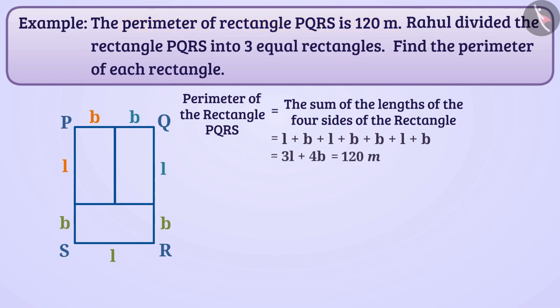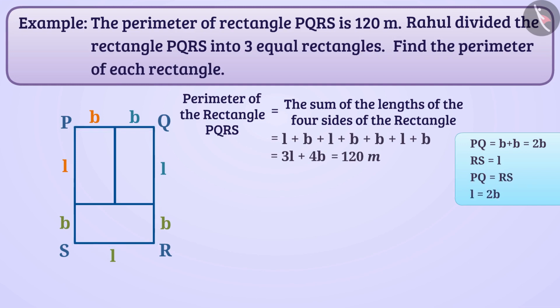Here, the side PQ is equal to B plus B, which is 2B, and the side RS is equal to L. Since the opposite sides of a rectangle are equal, PQ is equal to RS, that is, L is equal to 2B.